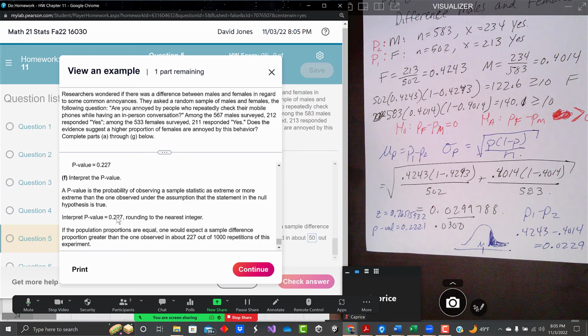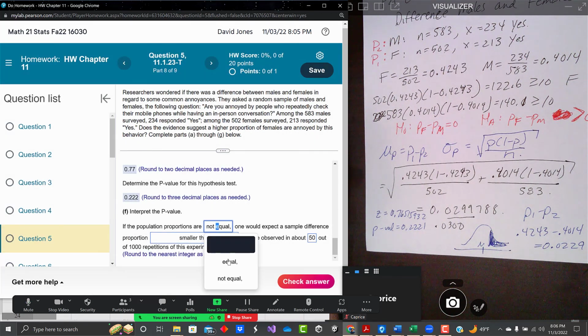So their p-value is 0.227. If the population proportions are equal, one expects a sample difference greater than 227. Isn't that what I said? Didn't I say greater than that? Oh, I said not equal. That's the problem.